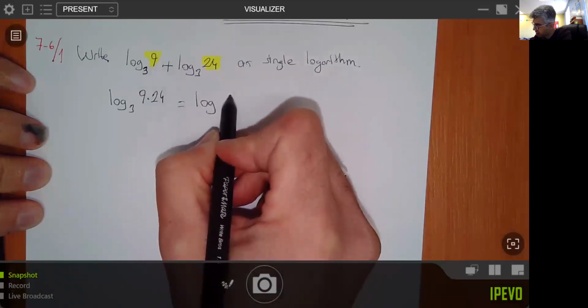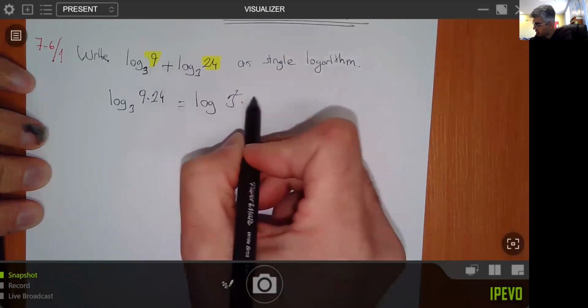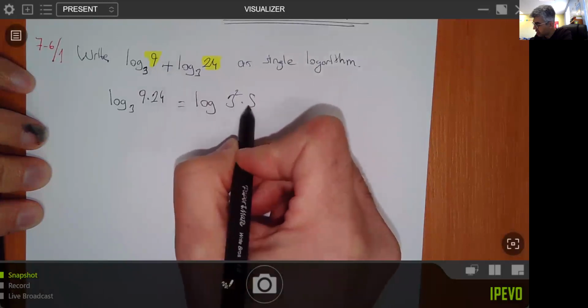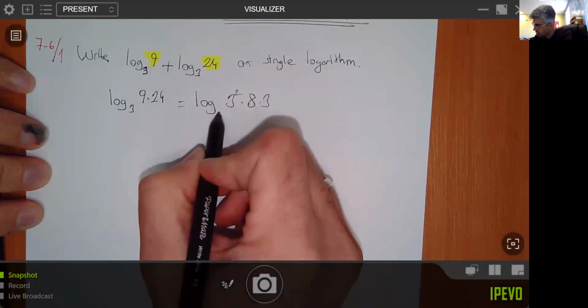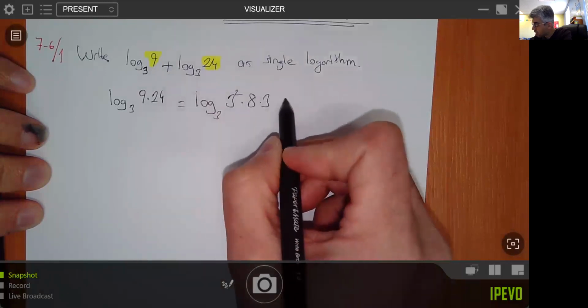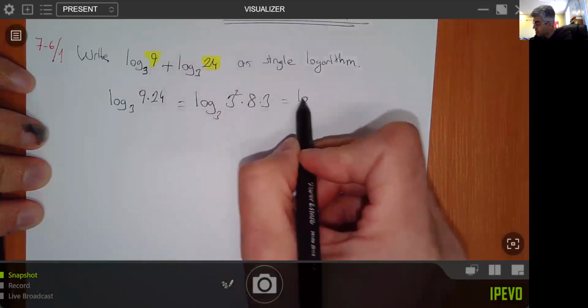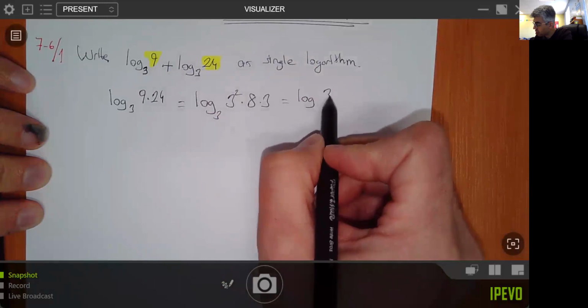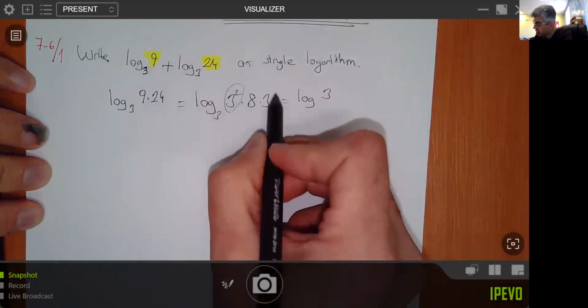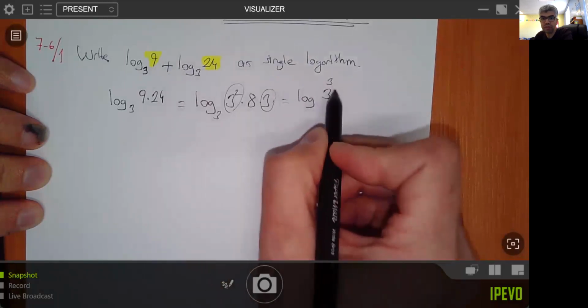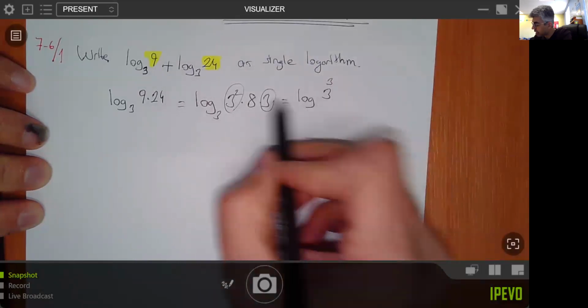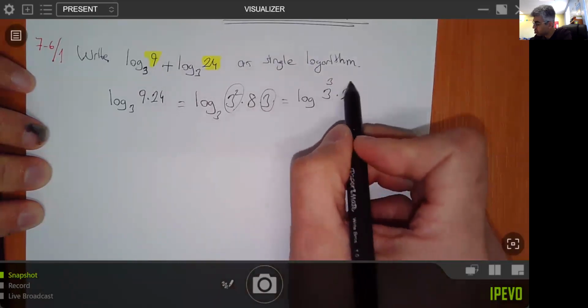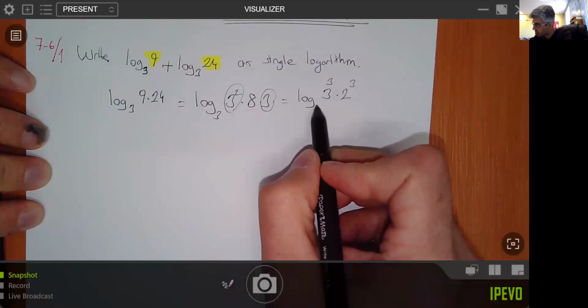Logarithm of 3 squared times 8 times 3. Do you see, guys, 3 squared and 3 becomes 3 cubed. And 8 can be written as 2 cubed. Base is 3.